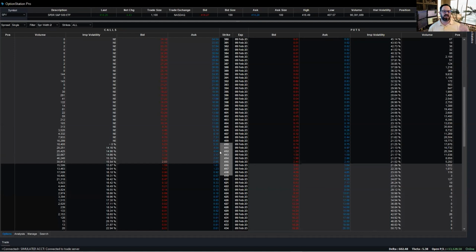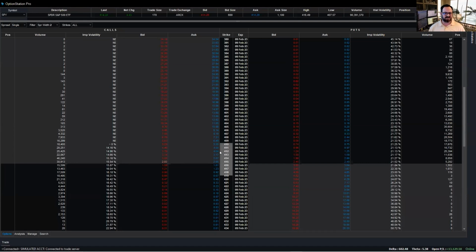So since the European style options cannot be exercised early, there is less risk for the seller of the option. Therefore, the premiums will typically be slightly lower because less risk, more reward, more premium.